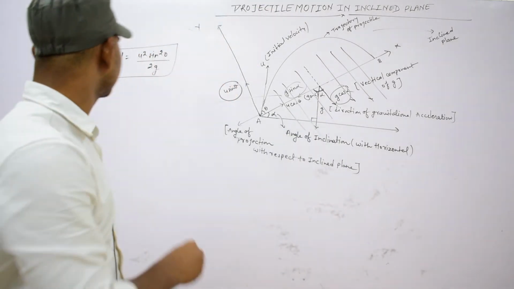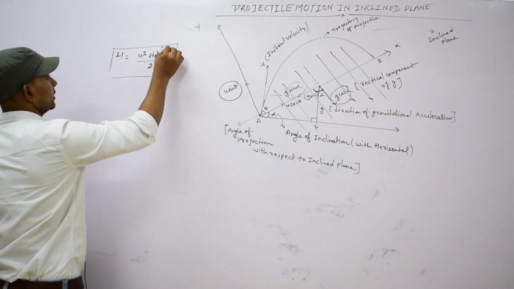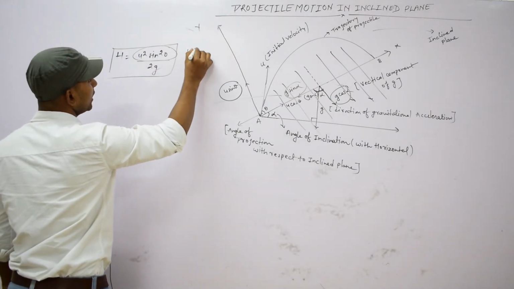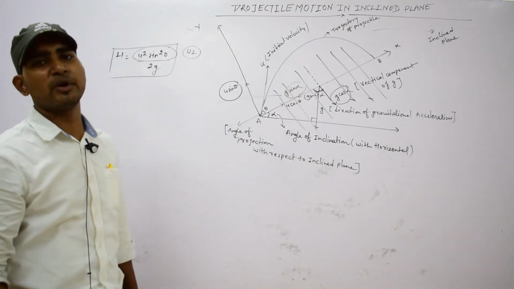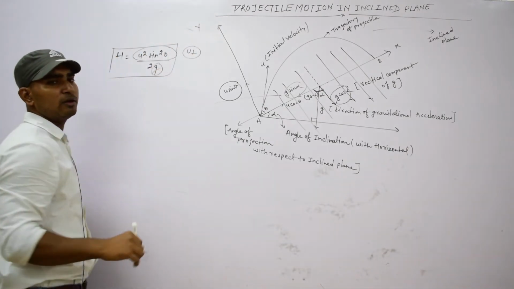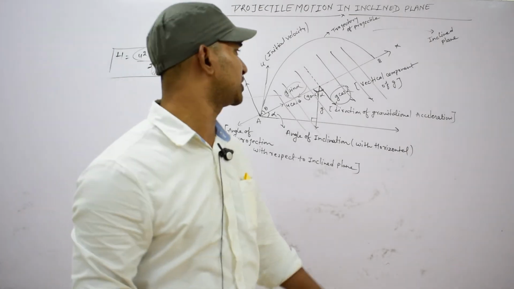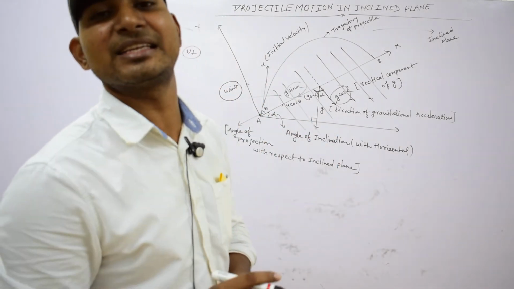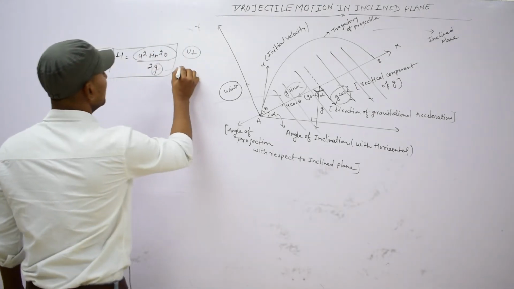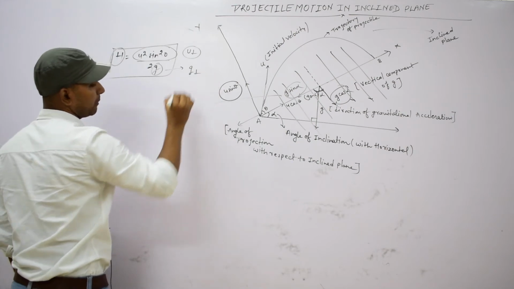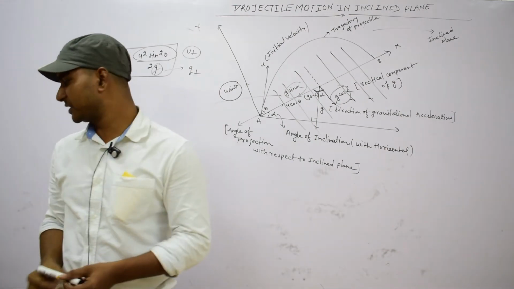Now see here, this is u sine theta, means we have to use the perpendicular component of the initial velocity. Same, g is itself the perpendicular component which is acting in a downward direction. So we have to use the vertical gravitational acceleration component. So for finding the maximum height, we have to use the perpendicular component of the gravitational acceleration.